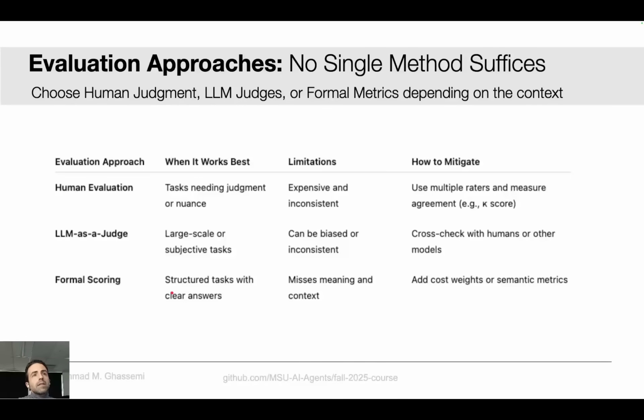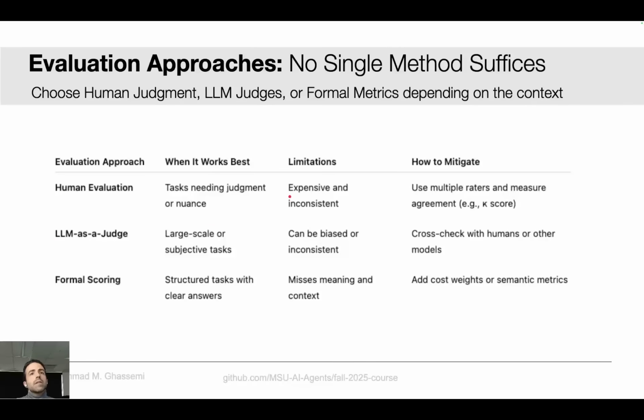If you're dealing with qualitative tasks that need a lot of judgment or nuance, and it's not too big, you're not going to be generating answers from this system in millions upon millions of instances, then human evaluation of the output is probably tractable. If you have to do it on a large scale subjective task, that's when you're going to have to use an LLM as a judge instead.